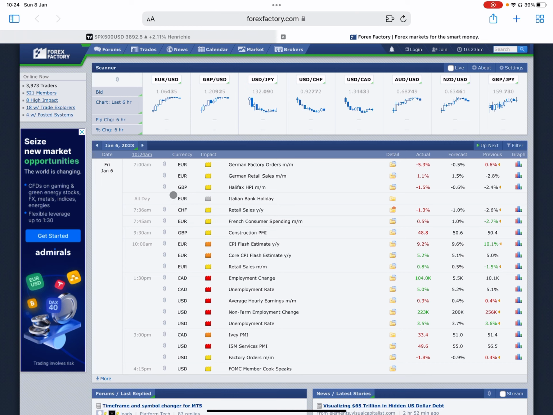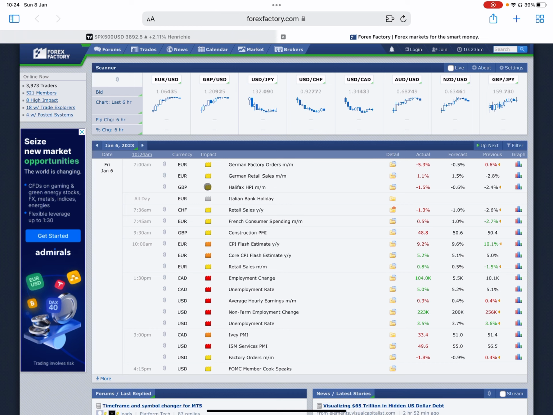So it's not really wise to be trading Euro on January 6th, which was on Friday, because it doesn't really mean that the entire EUR/USD is not going to move, because this is just Italy that is having a holiday. So the Euro is still going to move, but it's up to you what you want to do with that information.